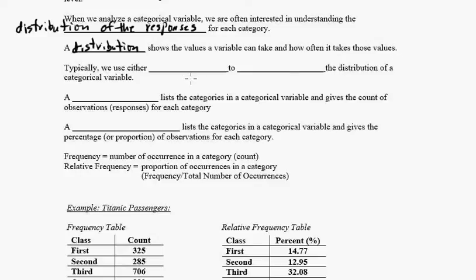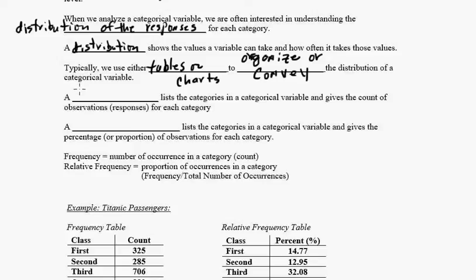We typically use either tables or charts to organize or convey. Tables to organize the data, charts to convey the distribution.